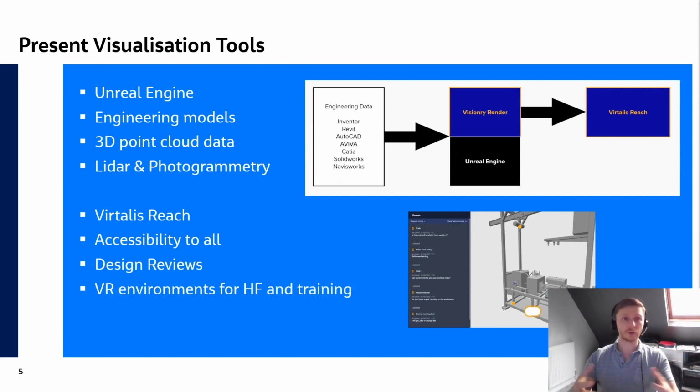So currently, from a visualization perspective, we use Unreal Engine at a very early stage in the project, where we wouldn't typically have 3D models because the engineering may not have started. This may be just a feasibility study, a study into what needs to be done, what are the access routes, what equipment needs to be moved, what waste needs to be handled.